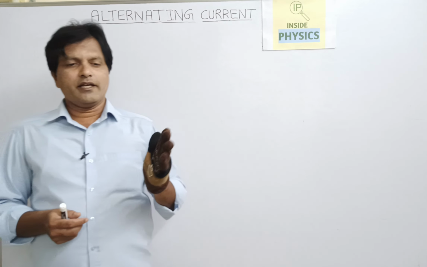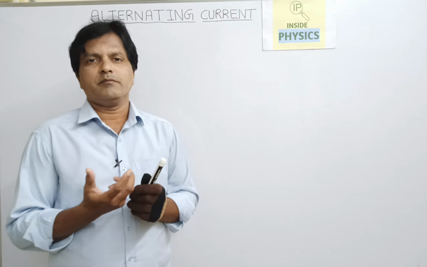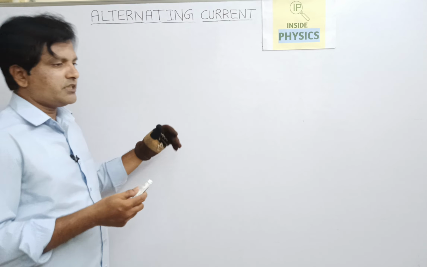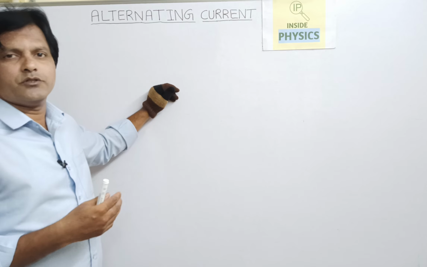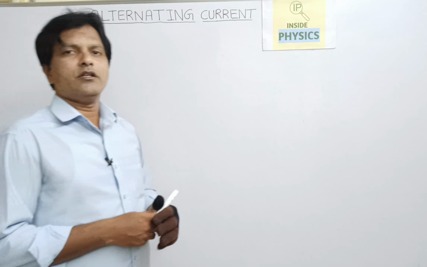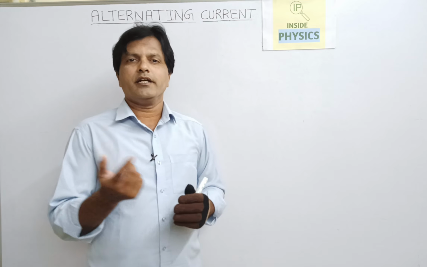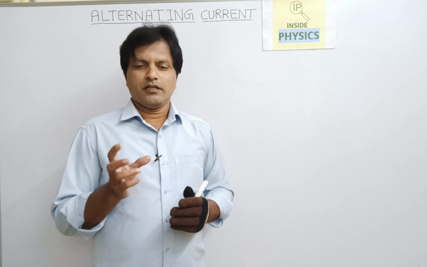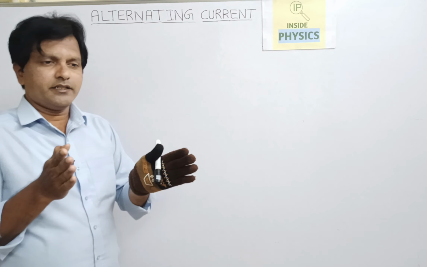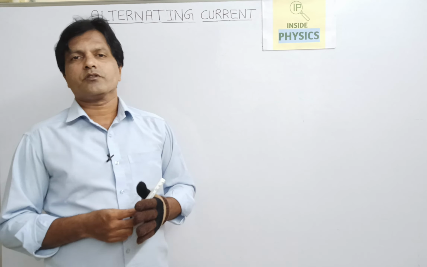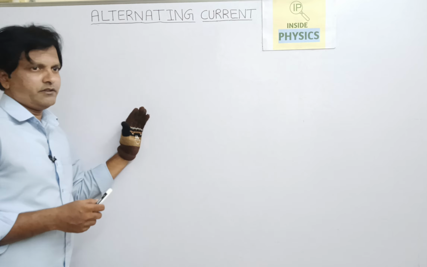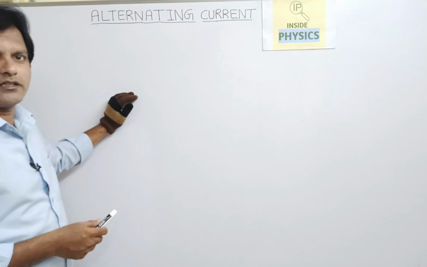So there the magnetic flux will be cutting the coil turns, and the changing magnetic flux will produce the EMF inside the coil, and vice versa. Also the rotating magnets, that means the coil will be stable and the magnetic field will be rotating. So either way we can produce the alternating current with changing magnetic flux.